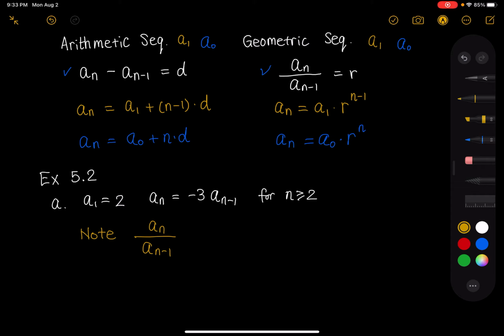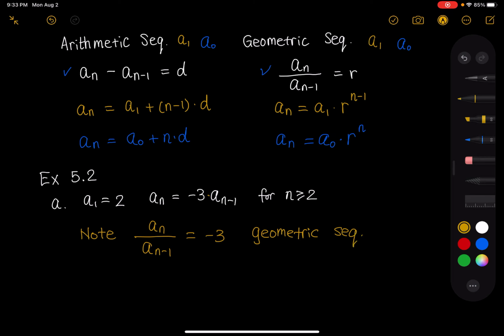We kind of know that it's a multiple. When we divide both sides by a_(n-1), we get negative 3, and we will know immediately that this is a geometric sequence.